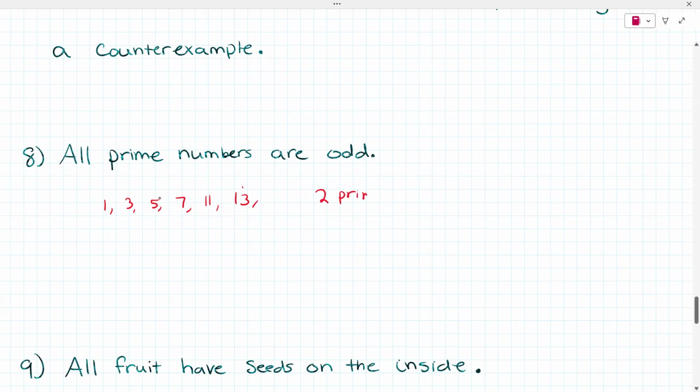Because two can only be multiplied by one and itself, right? So that makes it prime. But it's not odd, it's even, right? So the number two is prime, but not odd, but even.